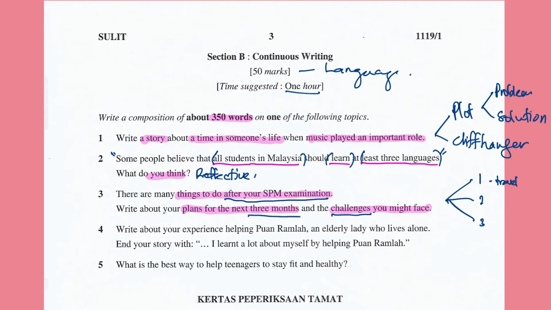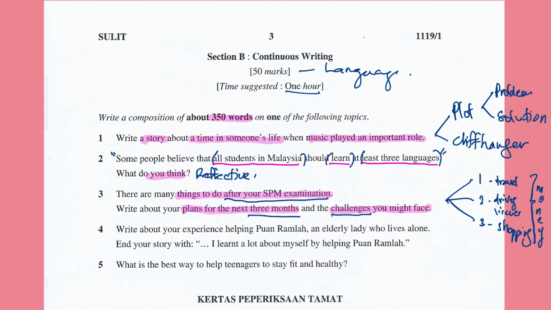Travel, and then driving license, for example. And then number 3, what else? Shopping, of course. And for all these 3, you don't have money, so that's your problem.